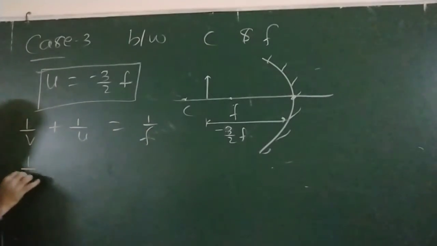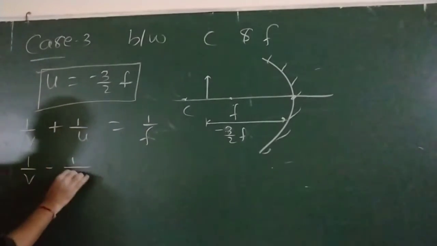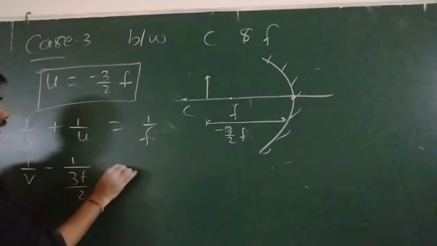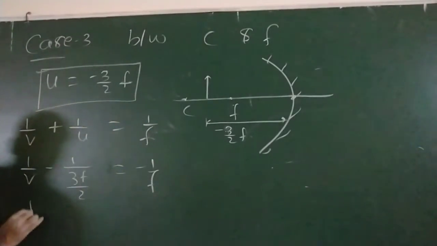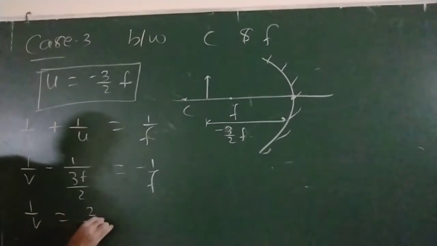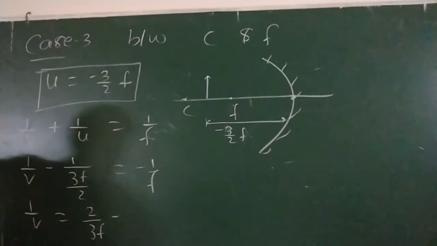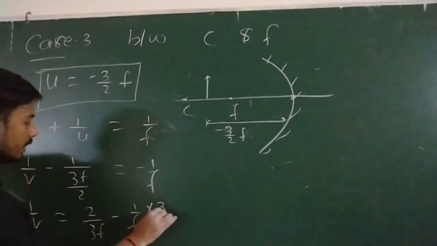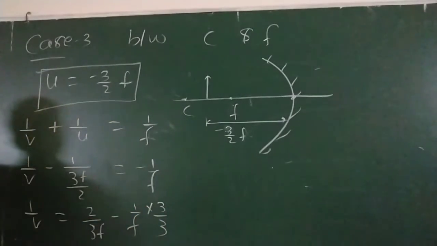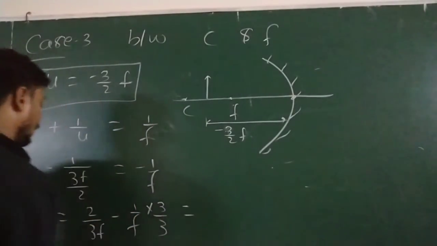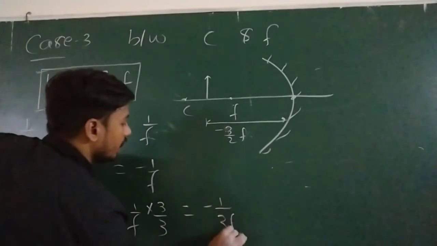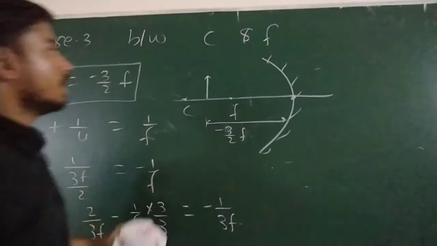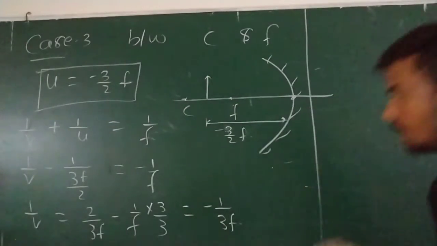Now put the value: 1 by v minus 1 by 3F by 2 is equal to minus 1 by F, because it is a concave mirror. So 1 by v is equal to 2 by 3F minus 1 by F, multiply with 3, divide with 3. After solving, this will come minus 1 by 3F.